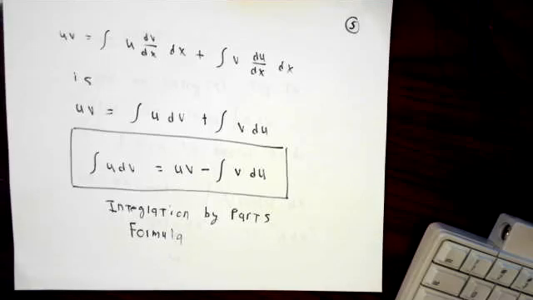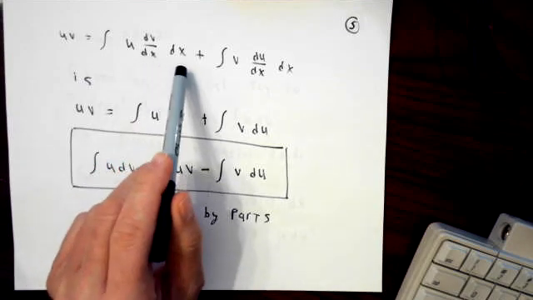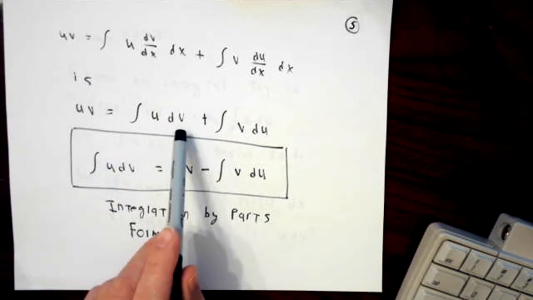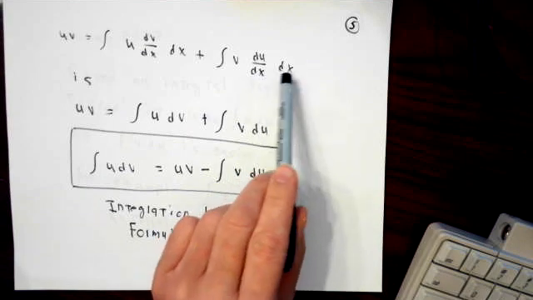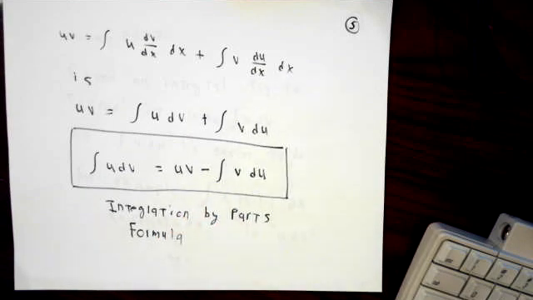If you do that, dv dx times dx is dv, du dx times dx is du. So weirdly, the following statement should be true. u times v ought to be the integral of u dv plus the integral of v du.